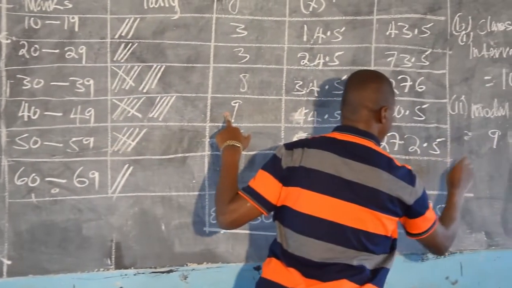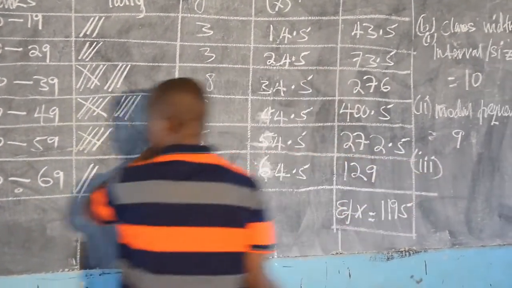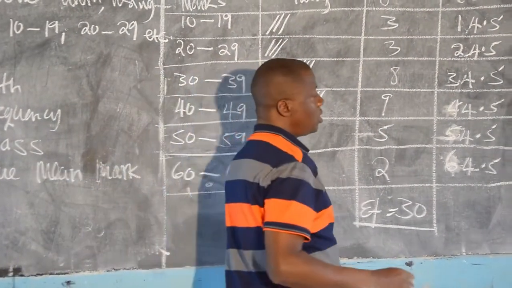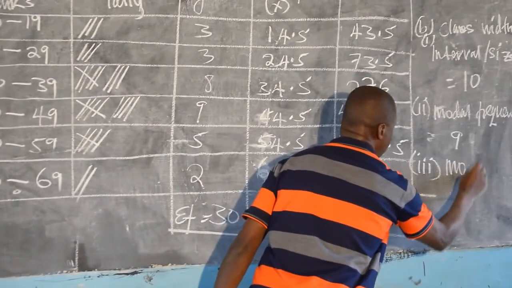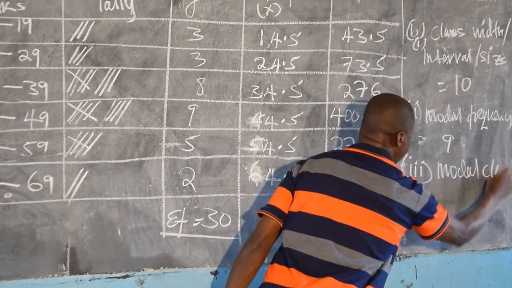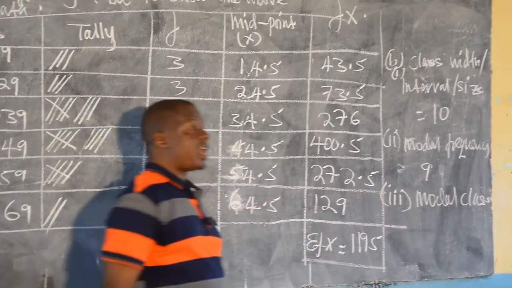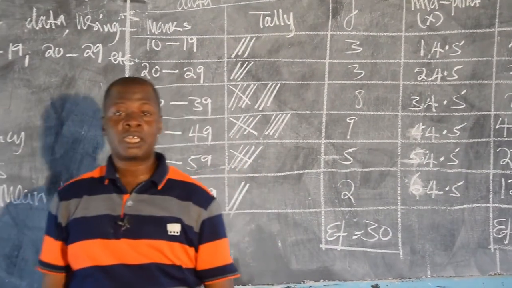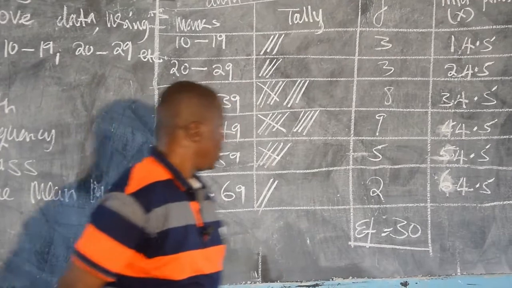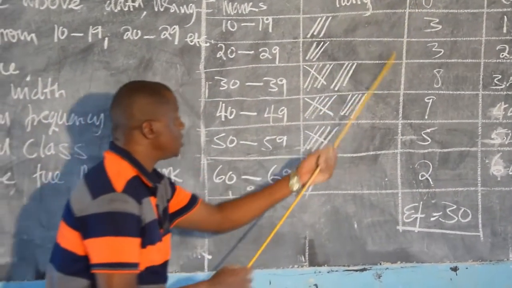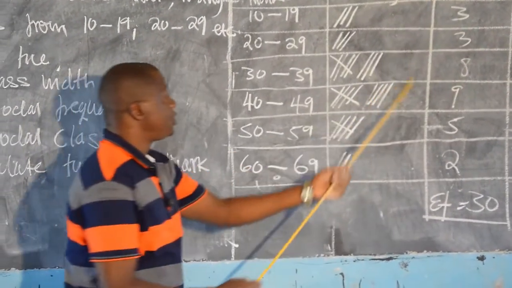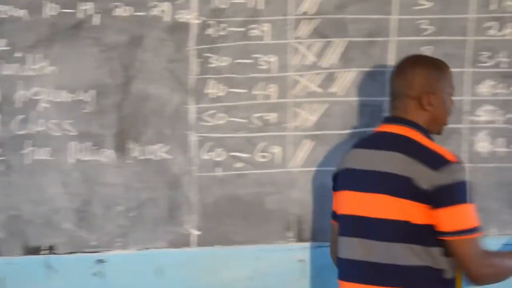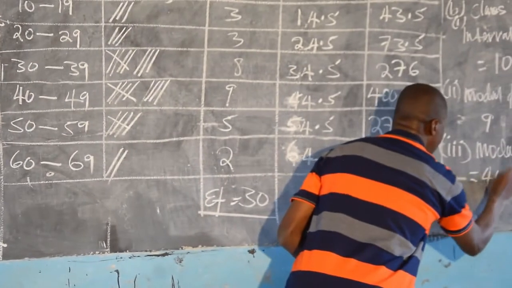Lastly, modal class is the class with the highest frequency. When you observe here, our highest frequency is 9. So the class is 40 to 49.